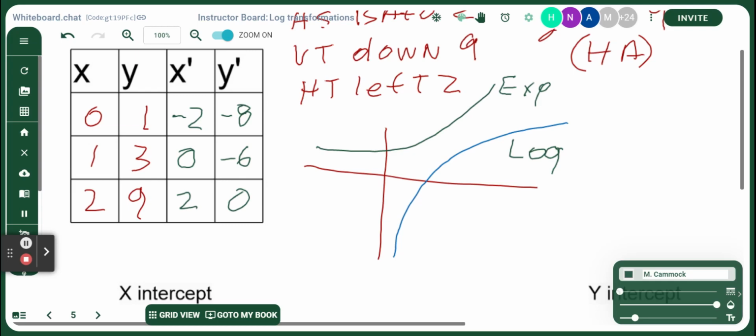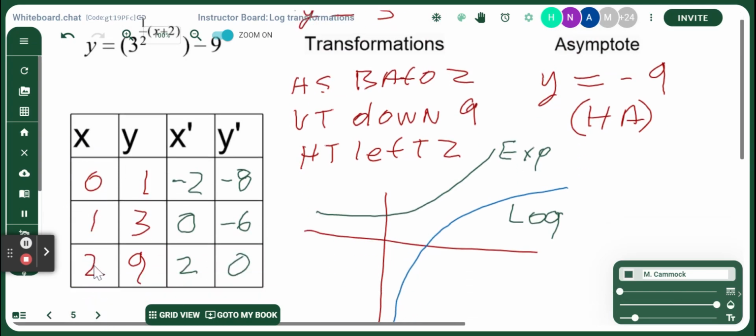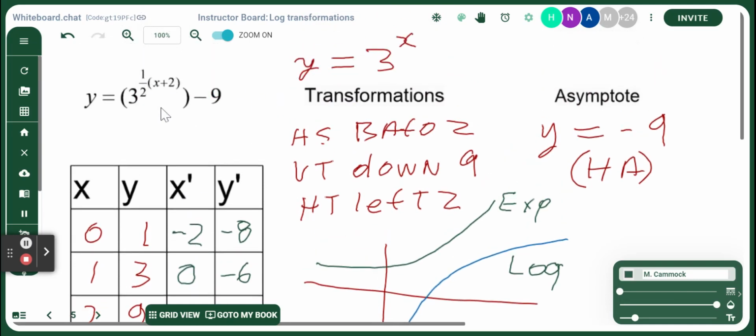Okay, Kristen, thanks for the question. For the x values, I just simply put in values of x. I just put 0, 1, and 2. I just chose values that were easy to work with. And then I said the original function before all of the transformations took place was y equals 3 to the power of x. Before we started doing shifts and stretches and all this other stuff, we just had 3 to the power of x.